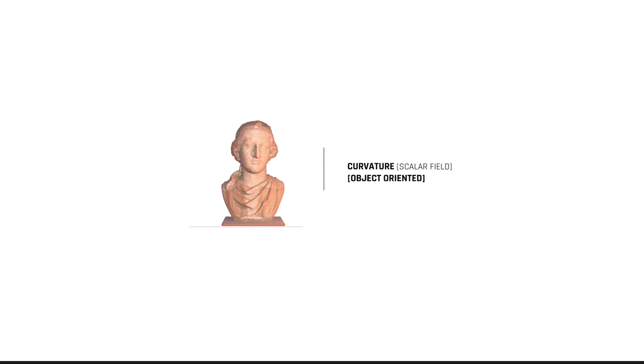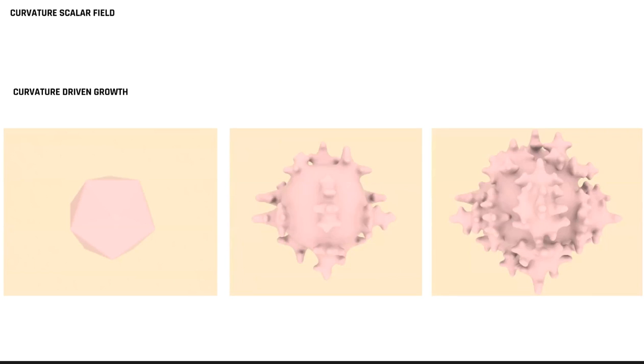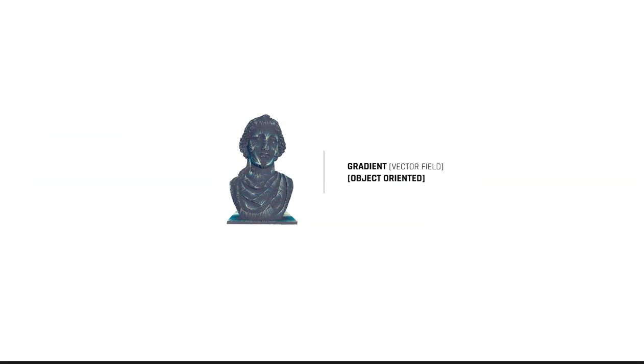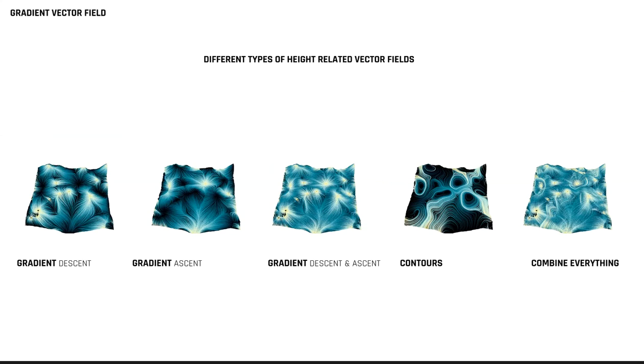Then we try to explore how curvature, which is how steep a curve of an object is, but we didn't manage to finish that part. But this is how a growth could be driven by curvature. And then a gradient field, which shows the extreme points, the gradient ascent or gradient descent.